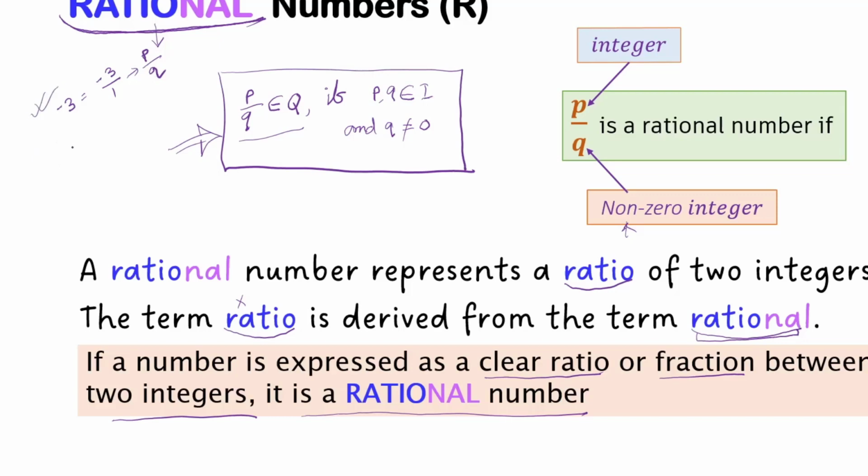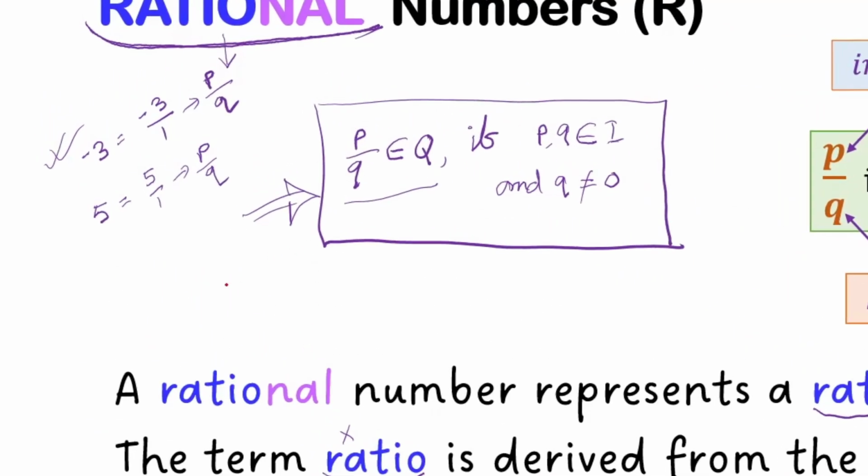Now let us take one example from the whole numbers. Say 5 is a whole number. This is equal to 5 upon 1, and it fulfills the condition that both P and Q are integers and Q is not equal to 0. Now let us take another whole number, 0. 0 is equal to 0 divided by anything, say 0 divided by 2.